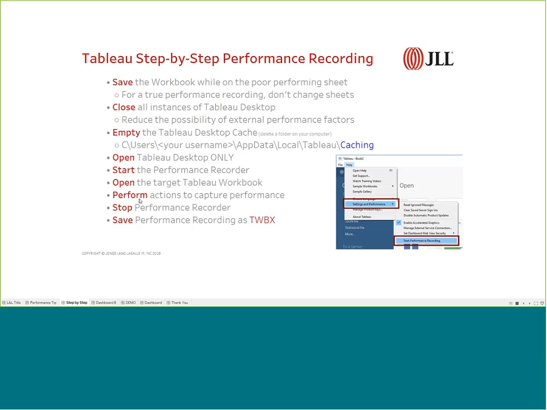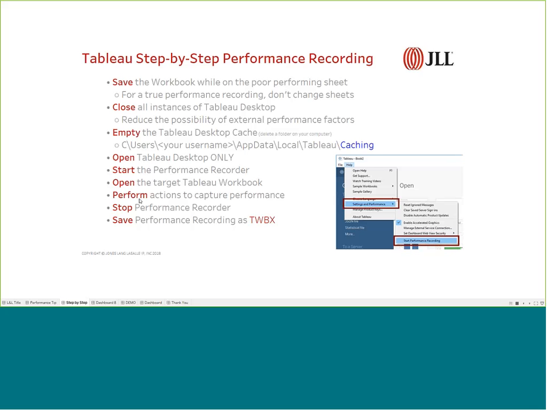Then what you want to do is, let's say you have a dashboard and you have a lot of actions on your dashboard. In other words, let's say you have a map of states. When you click a state, it filters 2 or 3 worksheets on your dashboard. And what you're noticing is that the dashboard opens fine, but the moment that you click a state, the performance degrades. Right?